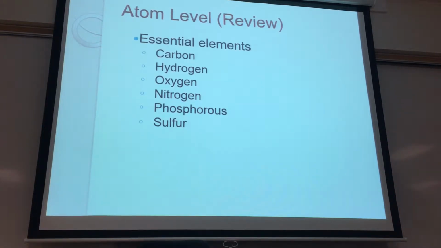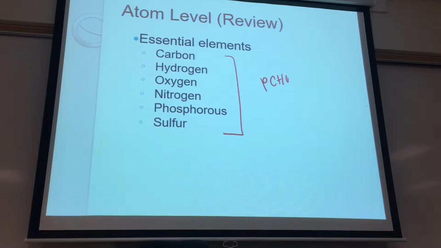One of the things that we want to see are the essential elements. If you were an outside alien looking in and finding out on an atom level which atoms we use, you'd see that about 98% of all of the elements that we use are these 6 elements right here, pichons.